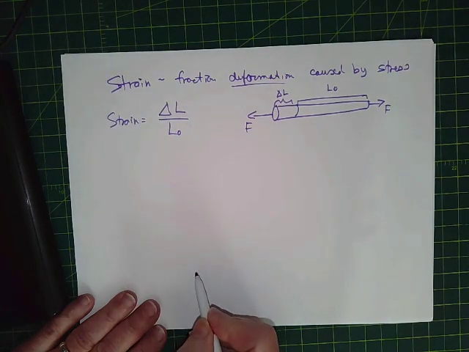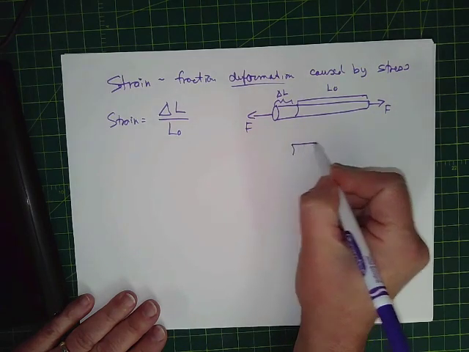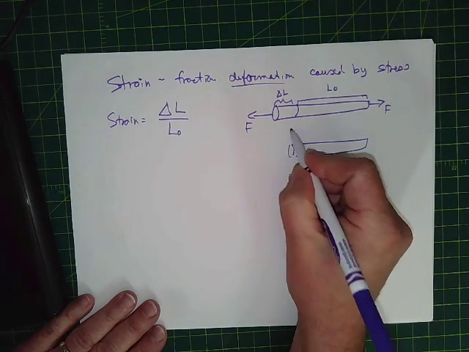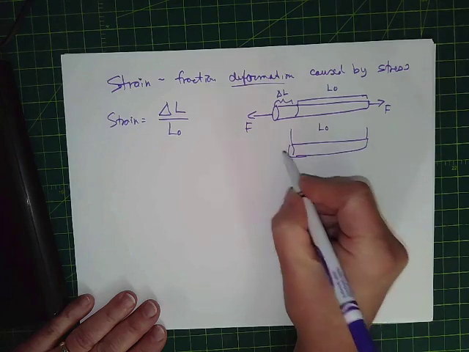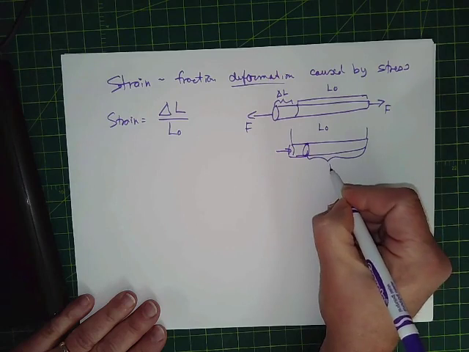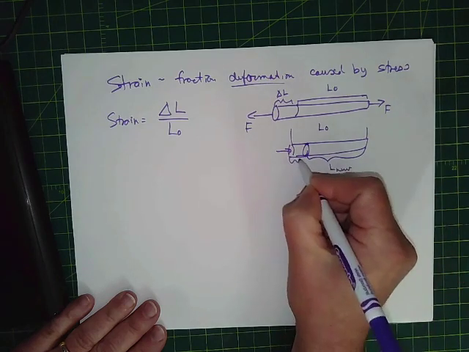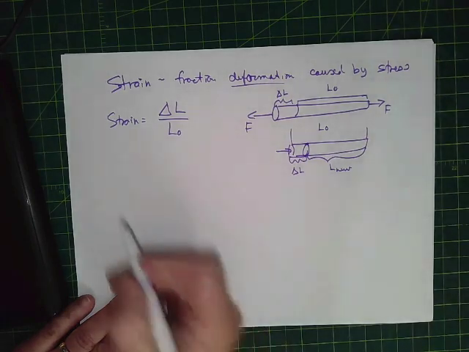Okay, and the same kind of thing for the squishing. If we've got something that used to be this long, for the compressive stress, but then we squished it in, and now it's only this long, this is the new L. So we've got the delta L here. This would also be the strain, the compressive or tensile or elastic strain.